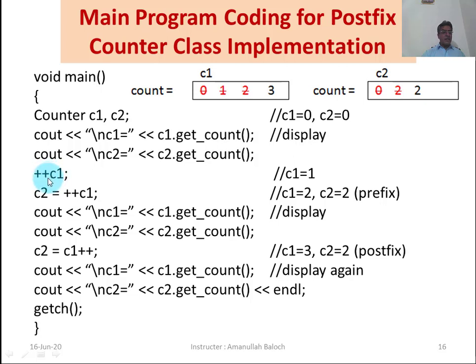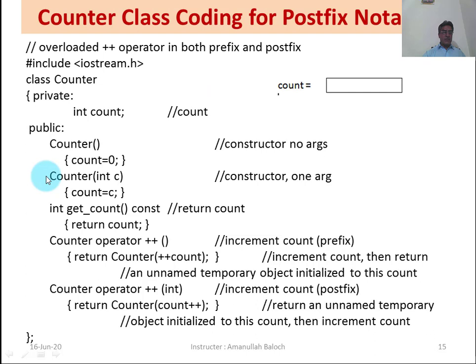Here the computer will call the prefix notation of counter class. This is the prefix notation of counter class. Computer will call it. Here in this function, the count will be incremented first. The value of count is 0. It will become 1 by this increment operator, and this counter class will create a nameless object and return it.